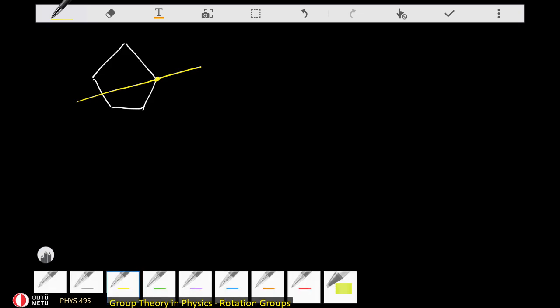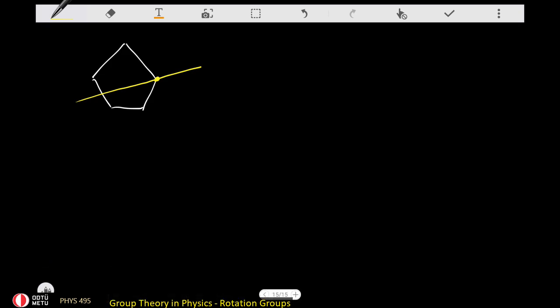So I'm just going to do it like this. Let's draw this pentagon shape in here. I have one mirror in here with a plane like that, and another mirror somewhere in here. I'm going to show this with dot, dot, dot. So this might be J theta and this might be J phi, right?